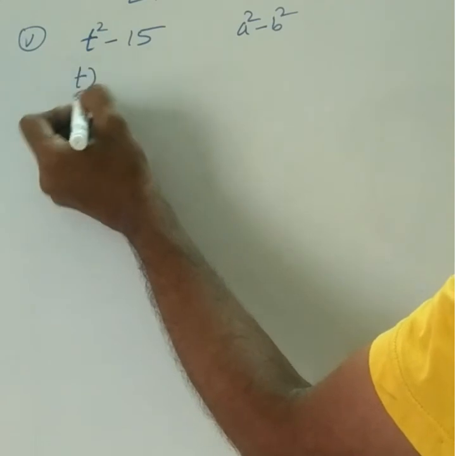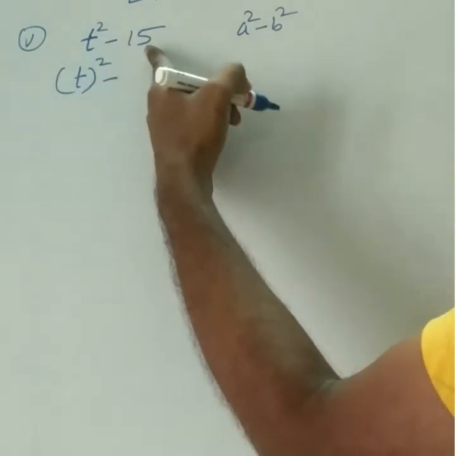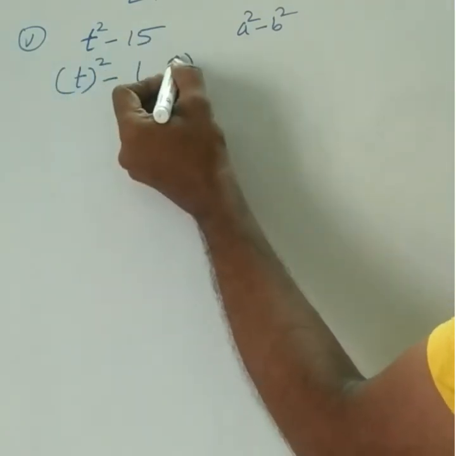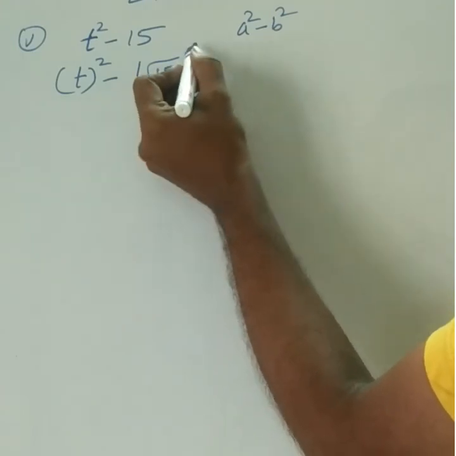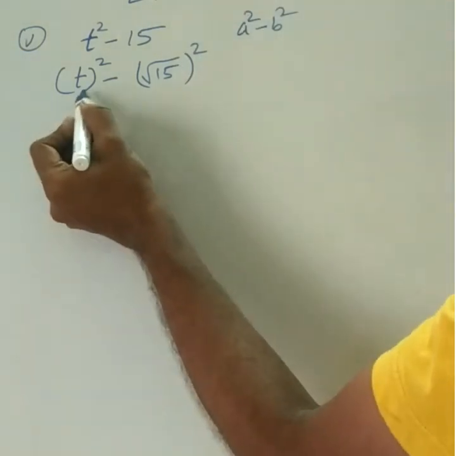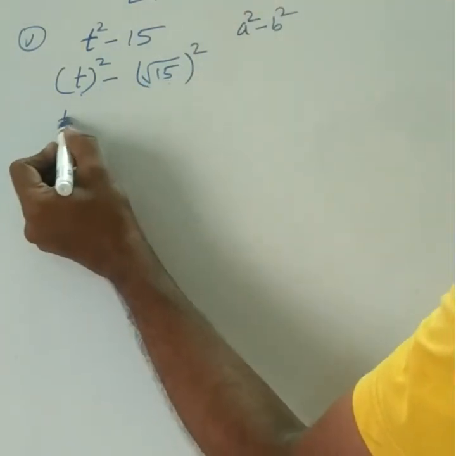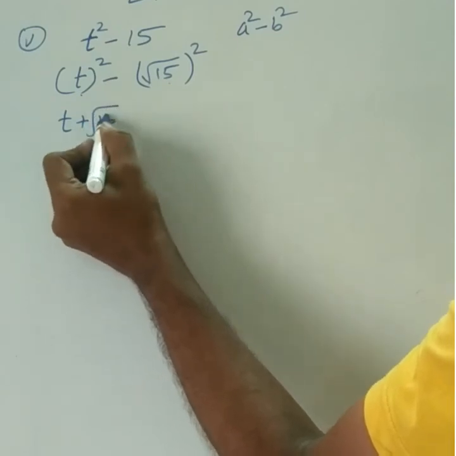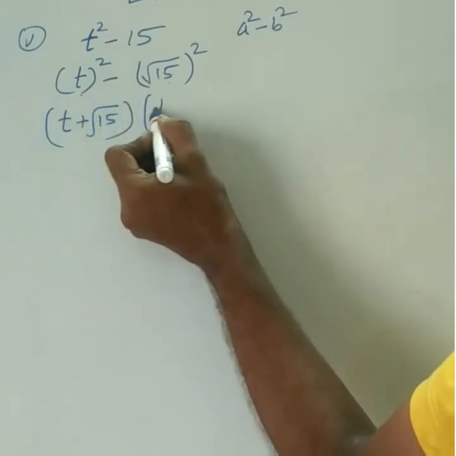It will be t whole square minus 15. 15 is a square of root 15. This 15 is a square of this number. Now a square minus b square is a plus b and a minus b.